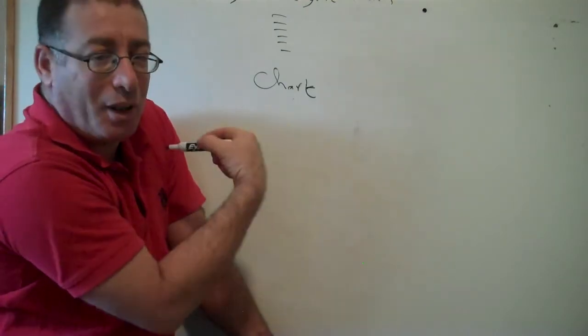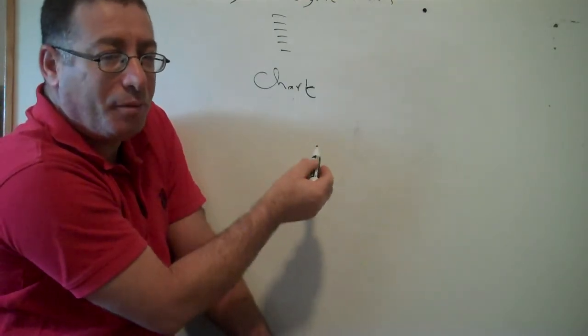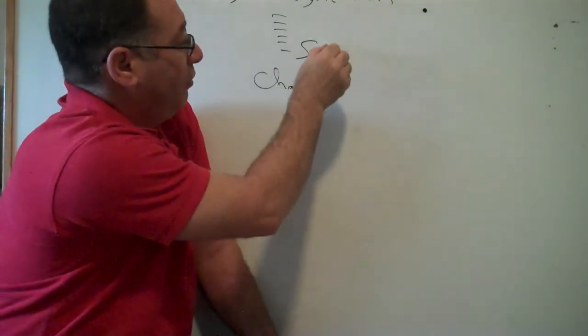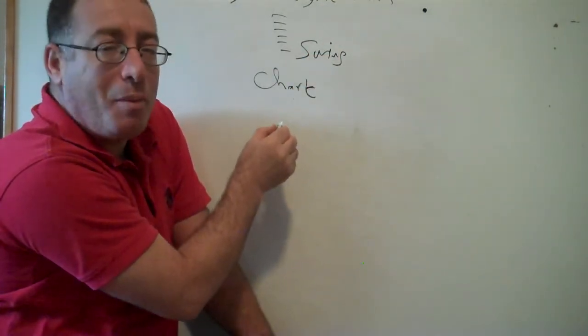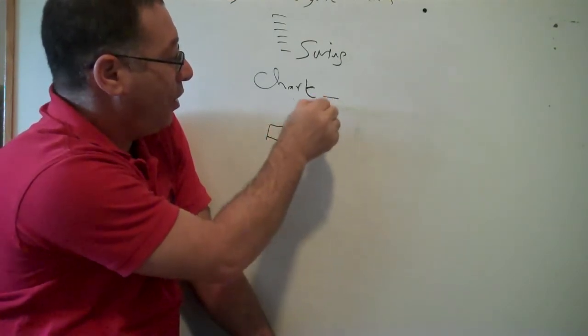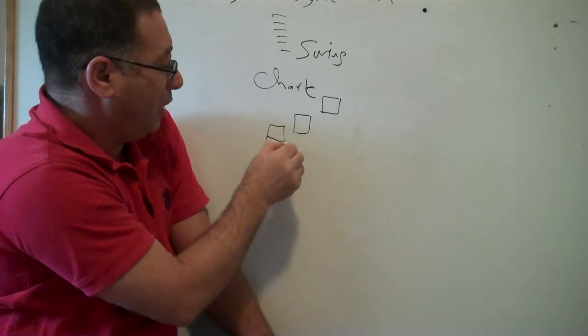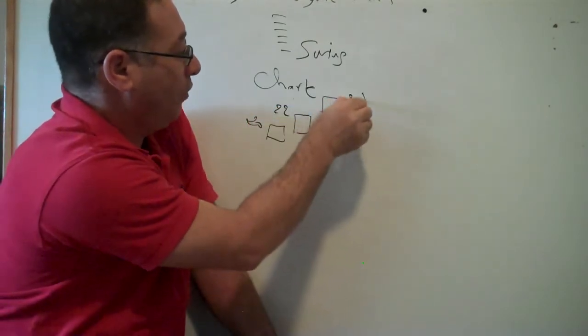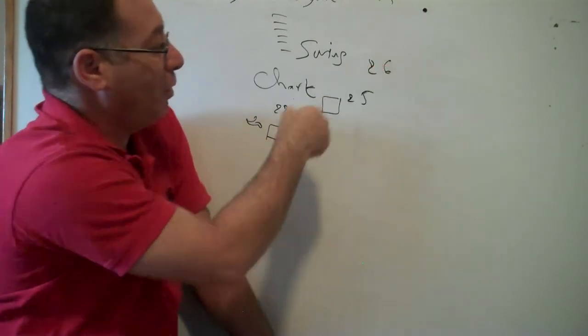For example, if you are like me, a swing trader, you should see day by day, the next day, the third day. For example, here it's like 20, 22, 25, 26. It's going up.